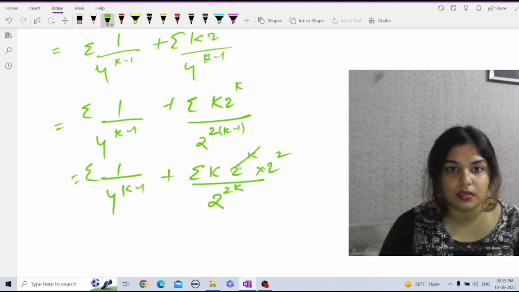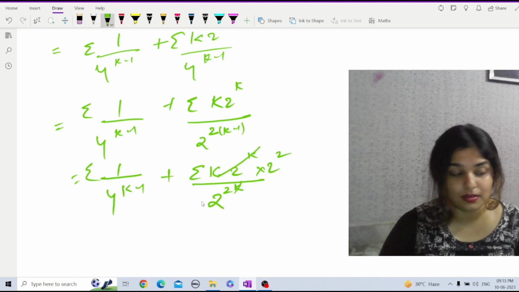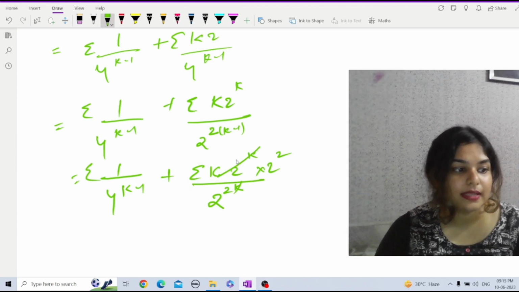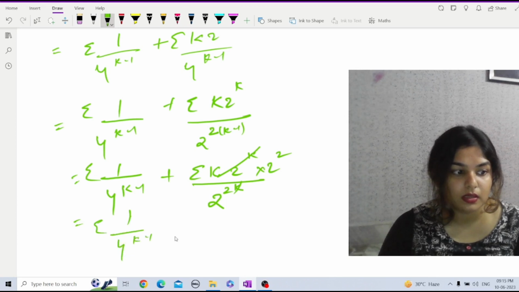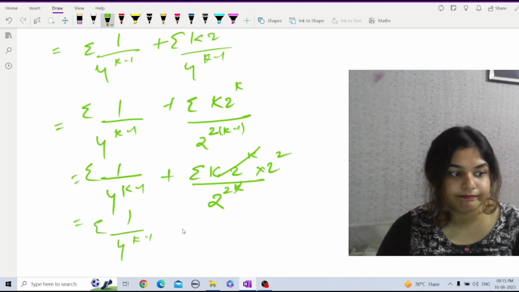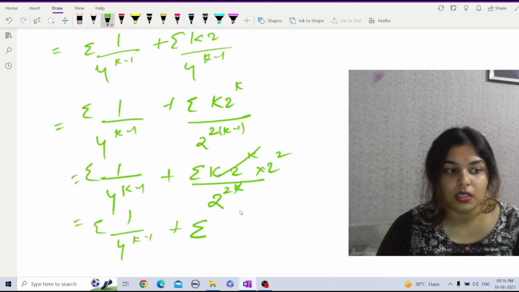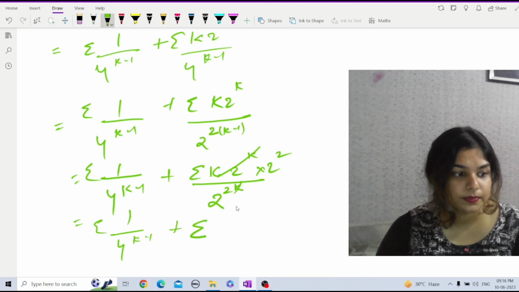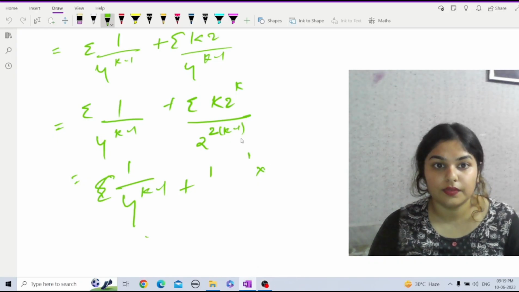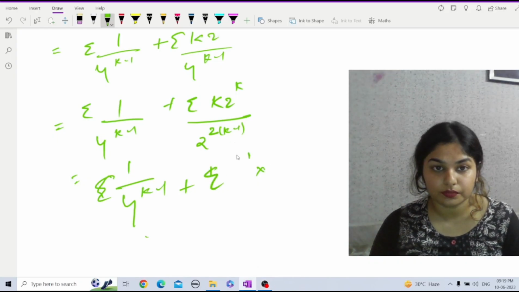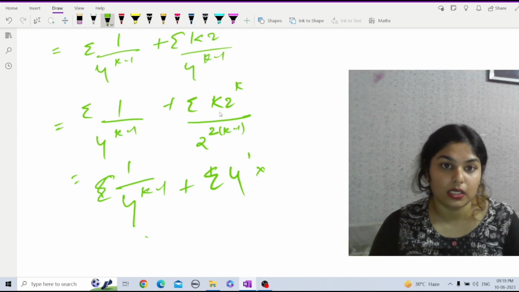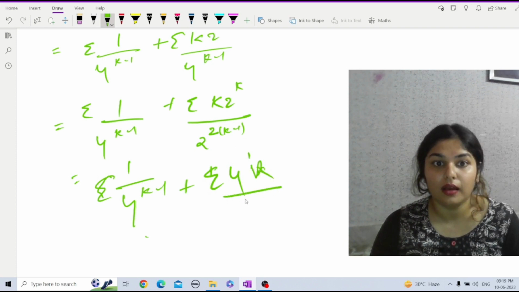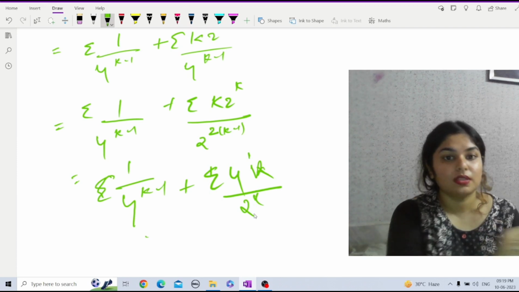Here the 2k cancels with 2k. After cancelling these, what you are left with is summation of 1 by (4^k minus 1) plus summation of k by 2 to the power k. Okay, so the simplified version is this.